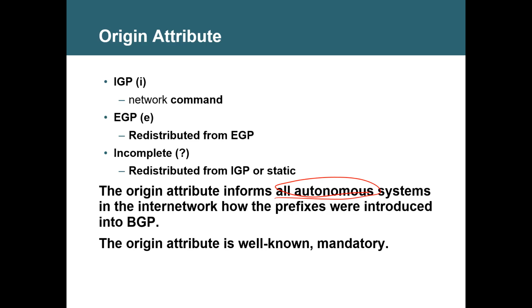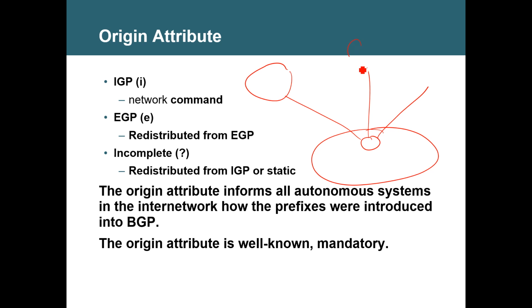Why is it so important? This is your autonomous system. You are connected to multiple autonomous systems. This one advertises a network 1.1.1.1 with I. This one advertises with question mark.